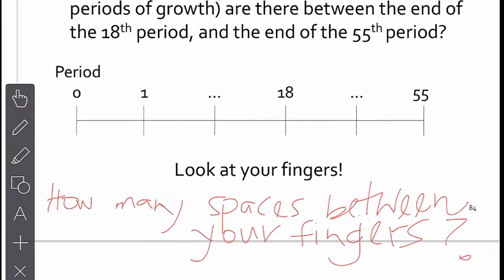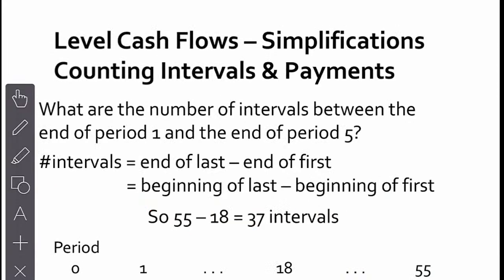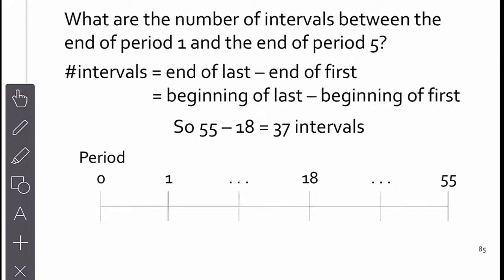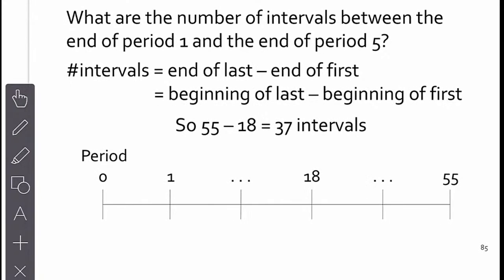So, what is the number of intervals between the end of period 1 and the end of period 5? That was the question you answered on your hand. That would have been 4, right? You just subtract.